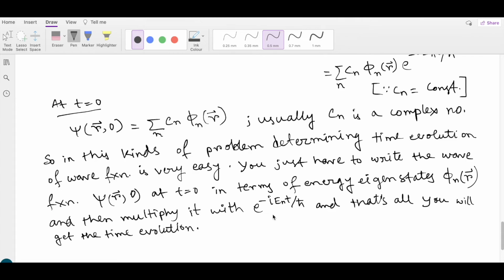That is, you are decomposing the wave function at t equals 0 in terms of the eigenstates of energy φn(r), and then just multiply each with the exponential term e to the power minus iEn t by ħ, where En is the energy corresponding to the particular energy eigenstate, and that's all. You get the time evolution of the wave function.